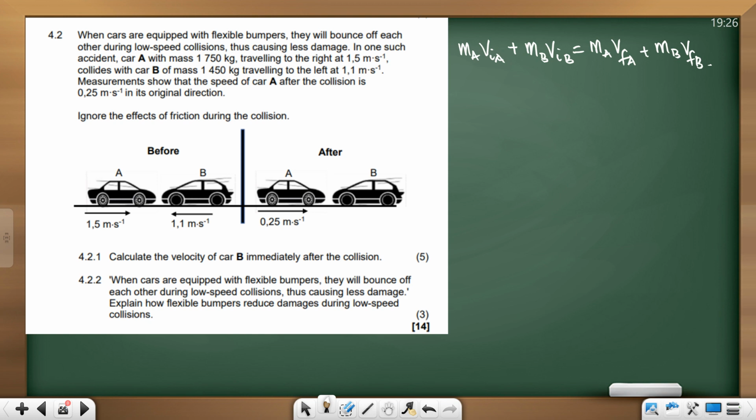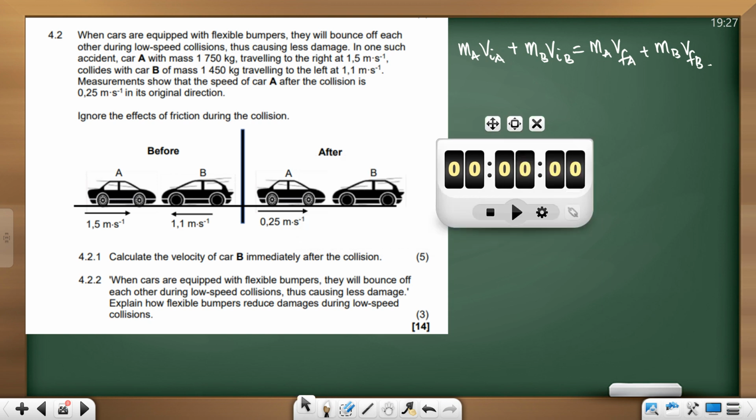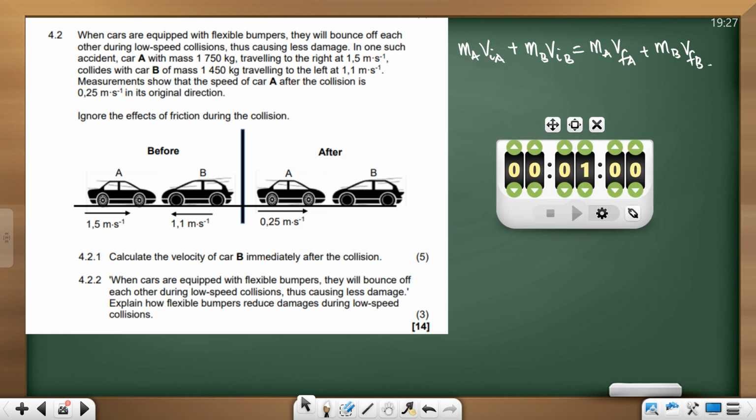Can we do our substitutions quickly? Can you substitute and get me an answer quickly? Everybody, you have 3 minutes.